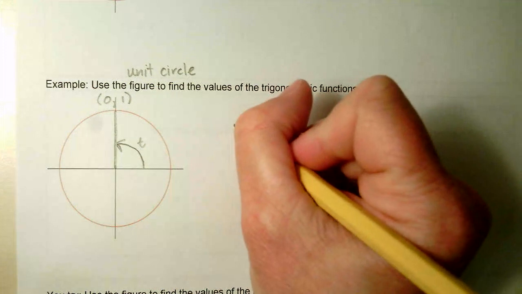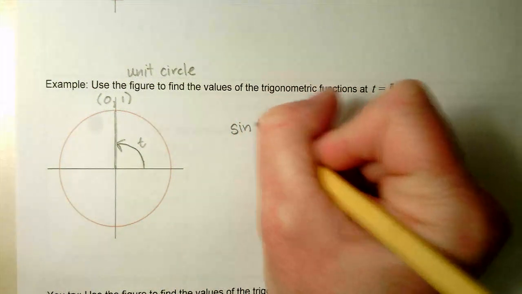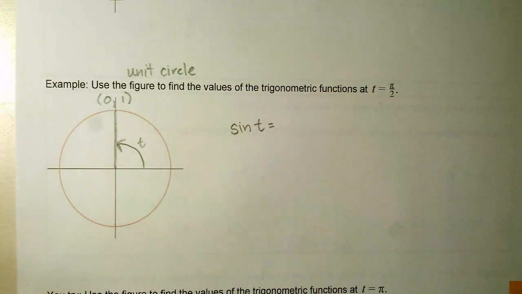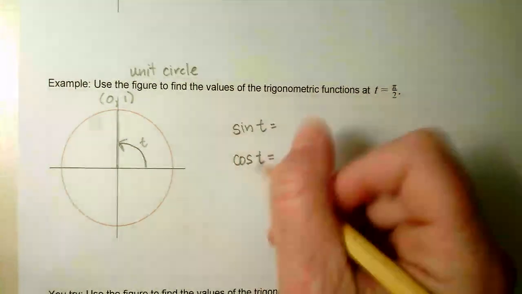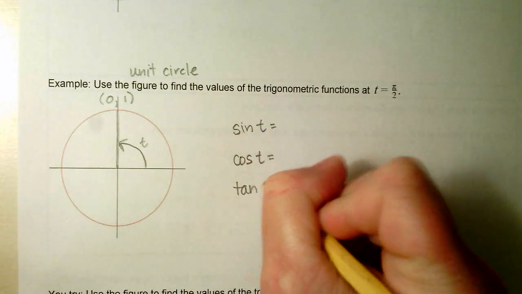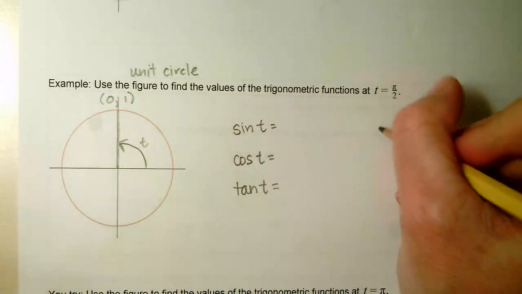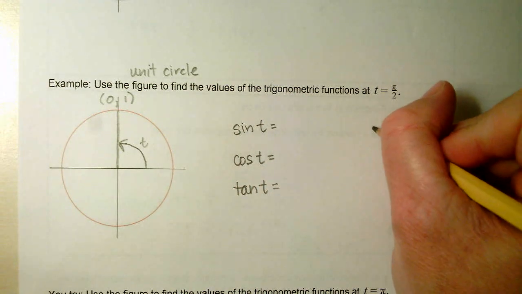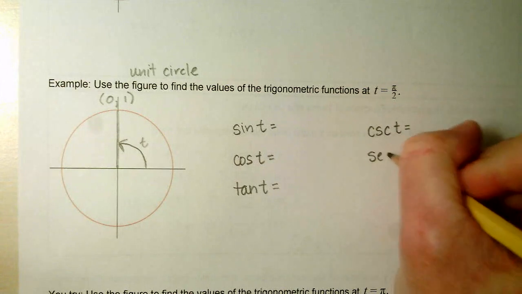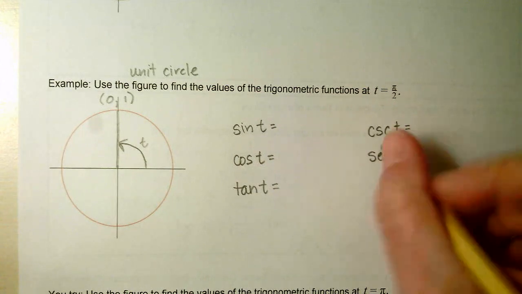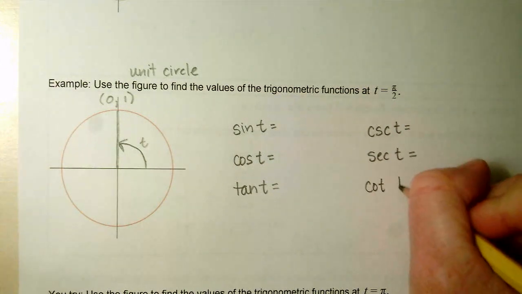Then I write down my 6 trig functions: sine of t, cosine of t, tangent of t, and my 3 reciprocal functions: cosecant of t, secant of t, and cotangent of t.